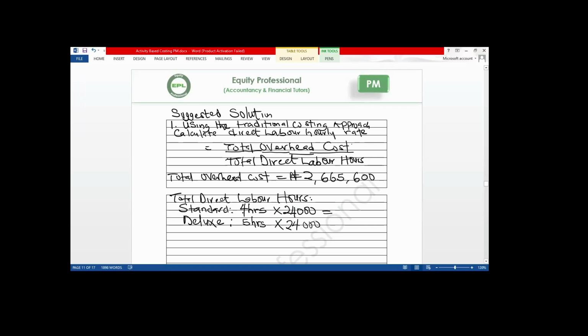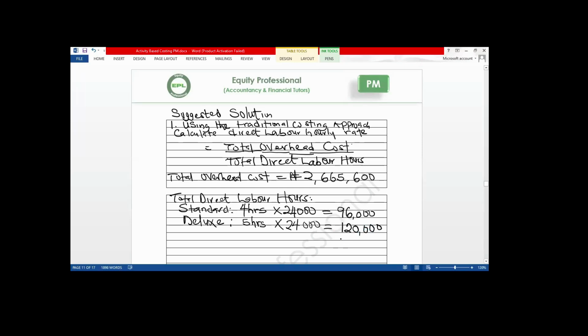To produce 1 unit, we require 4 hours of labor. If I now produce 24,000 units, what is the total hours of labor here? 96,000. This will give me 96,000 labor hours. Then this will give me how many hours? 120,000 labor hours.